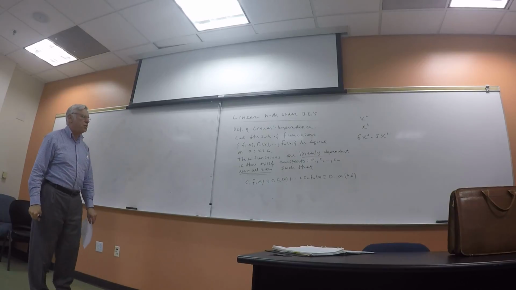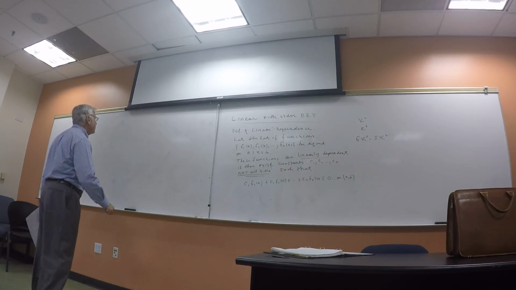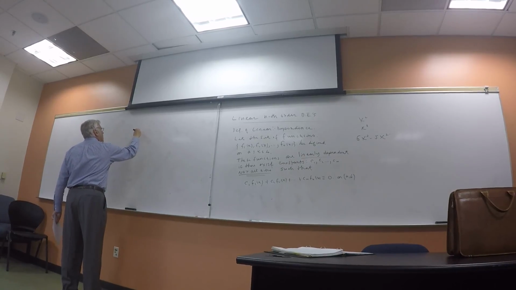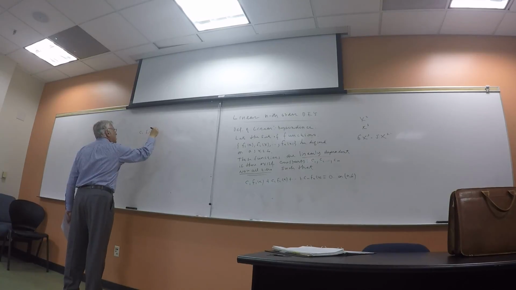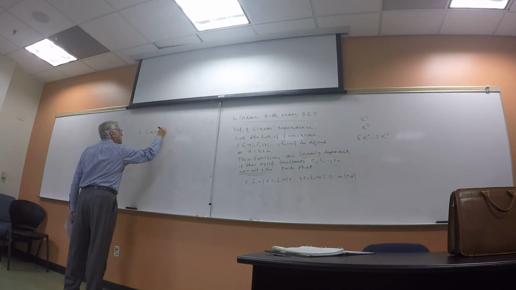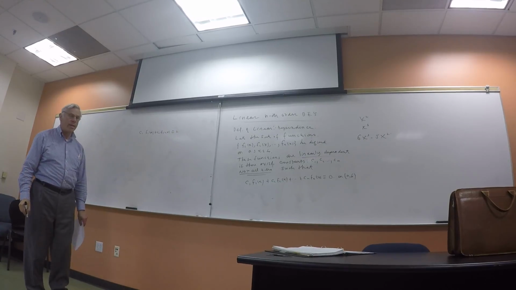Suppose I have two functions, so that's c1 f1 plus c2 f2, right? So I now write c1 f1 of x plus c2 f2 of x is identically 0 on some interval a, b.